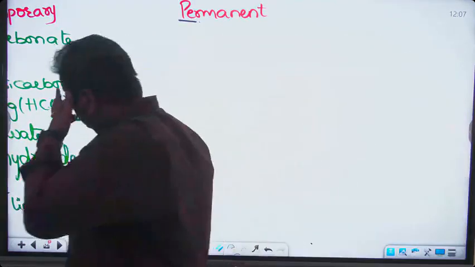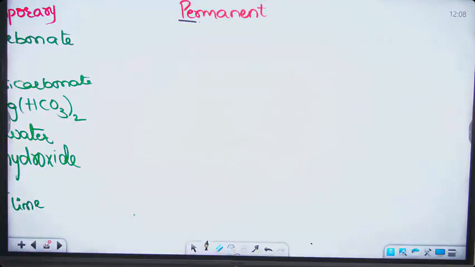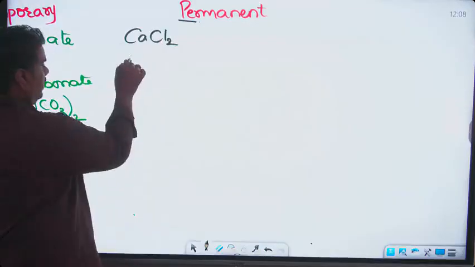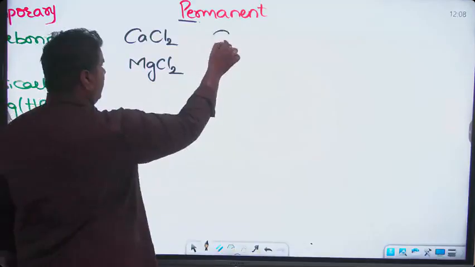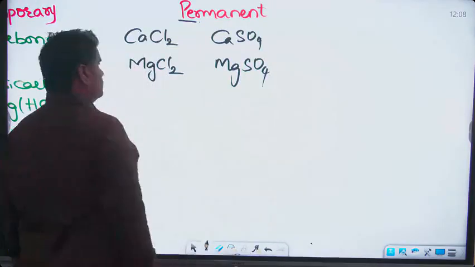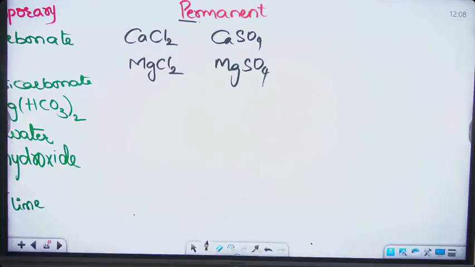Permanent hardness is because of the chlorides and sulfates of calcium and magnesium, that is, calcium chloride, magnesium chloride, calcium sulfate and magnesium sulfate.